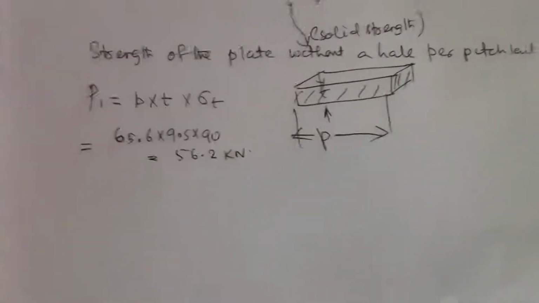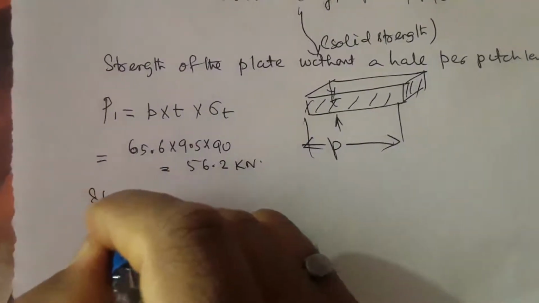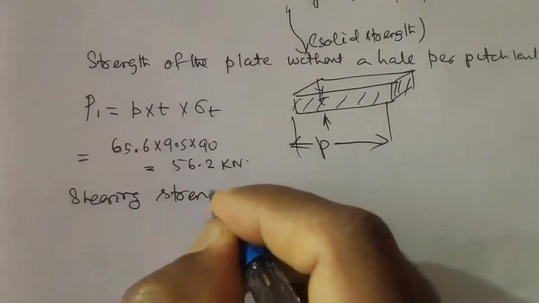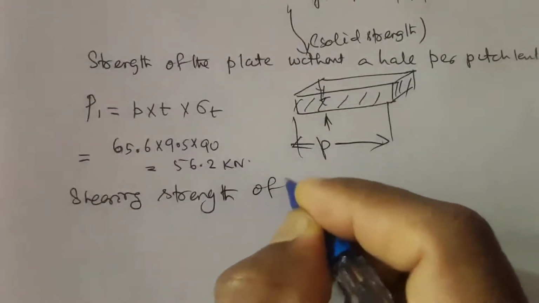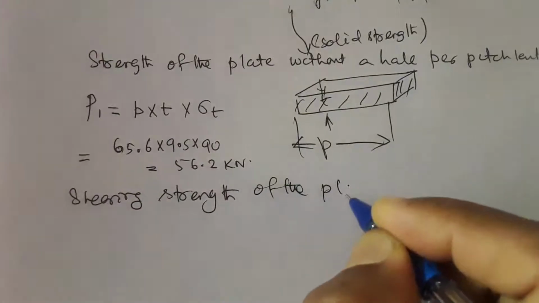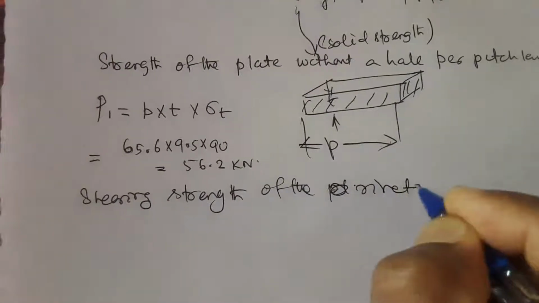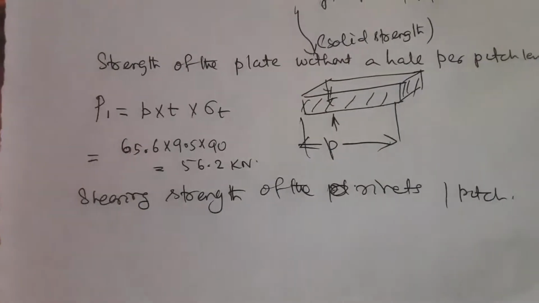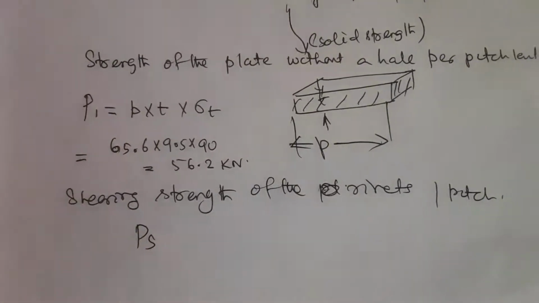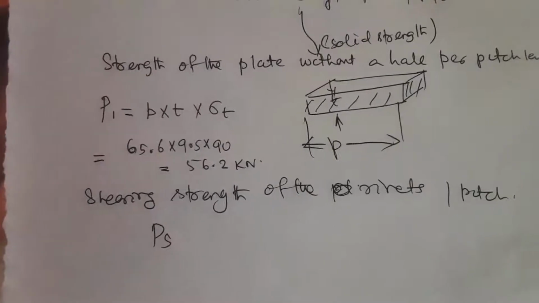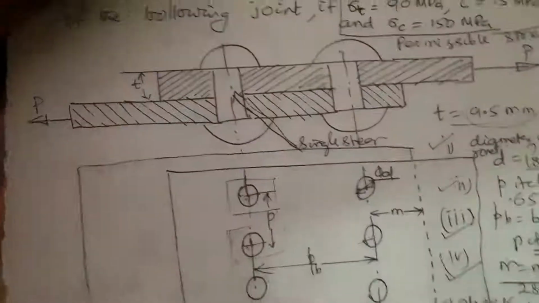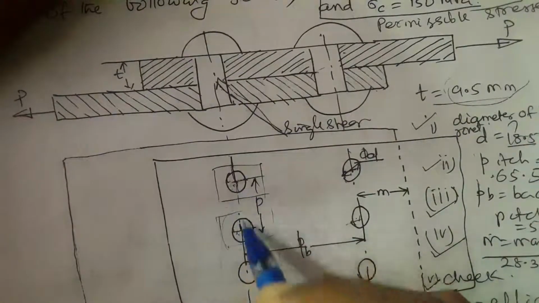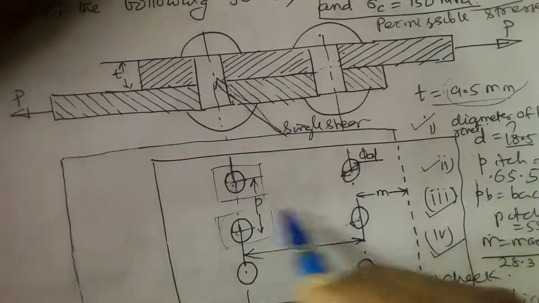Then we will consider the shearing strength. Rivets per pitch length: per pitch there are 2 rivets. Because if this is the figure and the pitch length, half and half, here 1, half and half, here 1, 2 rivets.